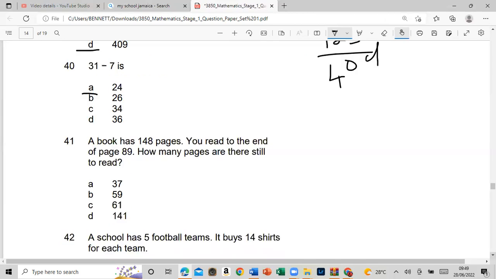41. A book has 148 pages. You read to the end of page 89. How many pages are still to be read?